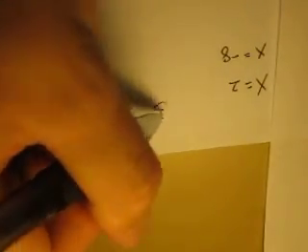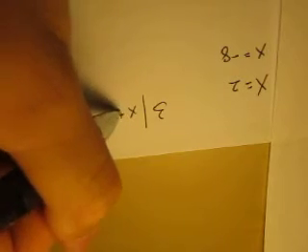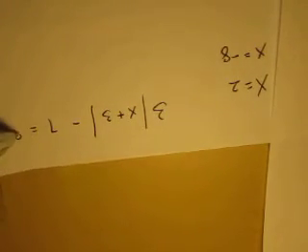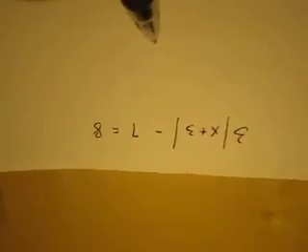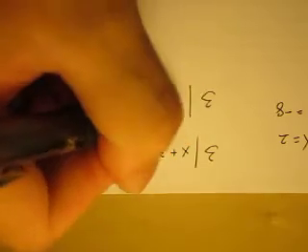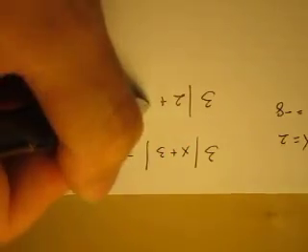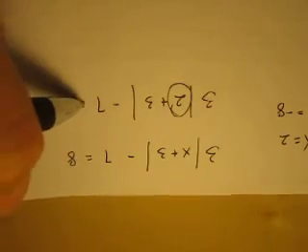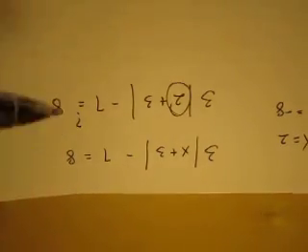The original statement is 3 times the quantity of x plus 3, absolute value, minus 7 equals 8. I'm going to plug in my first answer, x equal to 2. 3 times the absolute value of 2 plus 3, this is the value I substituted in, minus 7 equals 8. Let's check if this works.